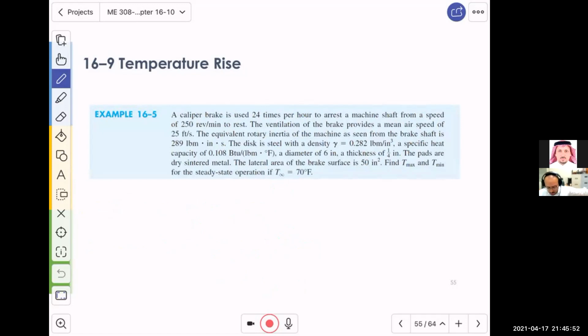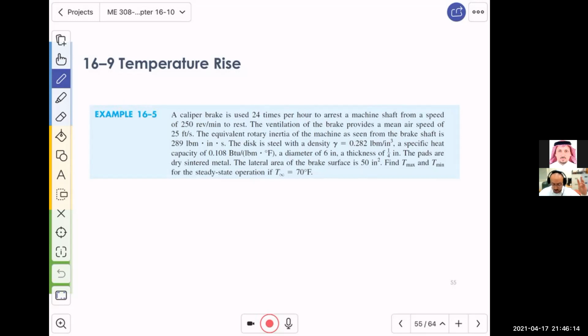From 250 to rest. The ventilation of the brake provides a mean air speed of 25 feet per second. This is really good. This is going to help us find FV. The equivalent rotary inertia of the machine as seen from the brake shaft is how much?